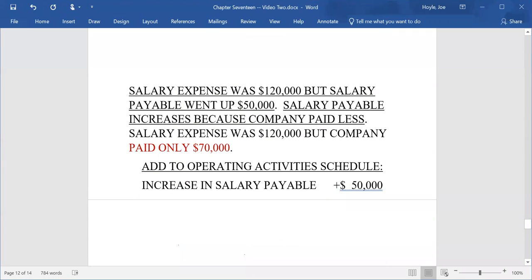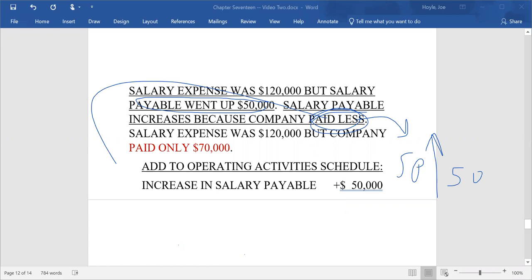Salary expense was 120. Salary payable, our connector account, went up 50,000. So salary payable goes up $50,000. What is the effect upon cash? If your liability increases, it increases because you paid less. That's why any liability would go up, because you paid less. If your liabilities go up and you pay less, that means you've got more cash.